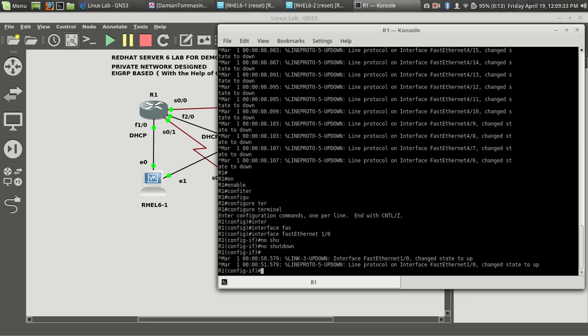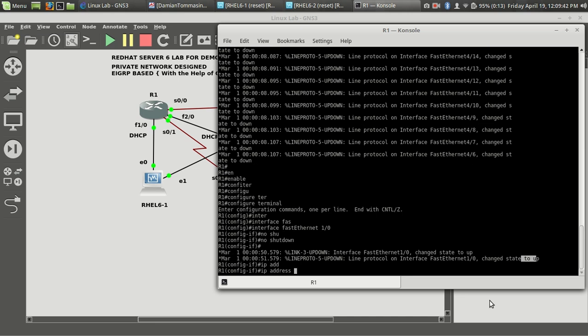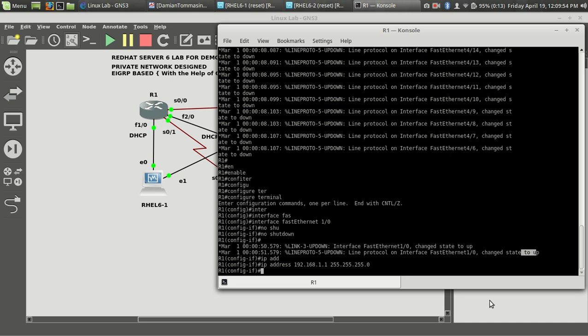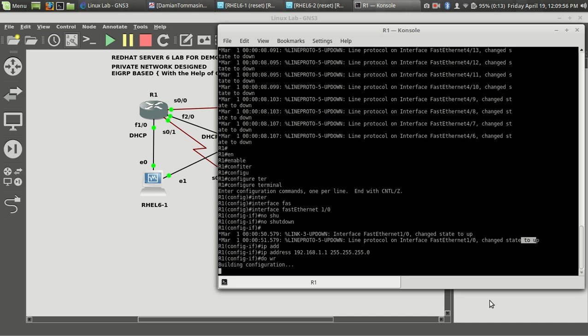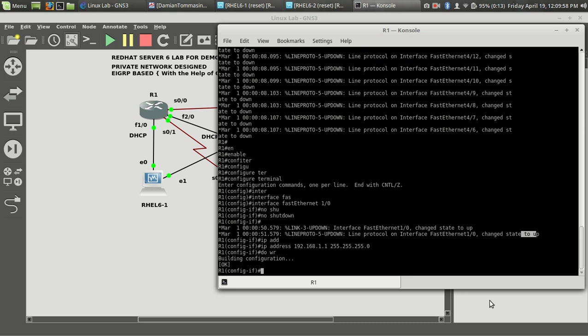As you can see, the port state has changed and it showed me up. So I am configuring the IP address 192.168.1.1 with a 24-bit subnet mask. Simultaneously I am writing the configuration.